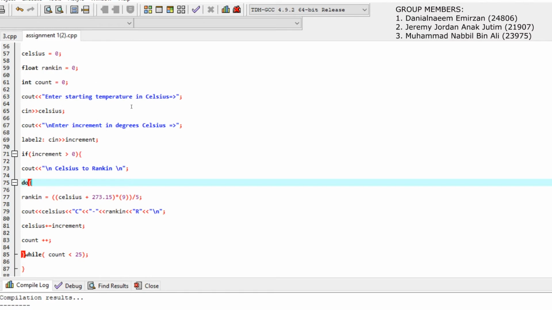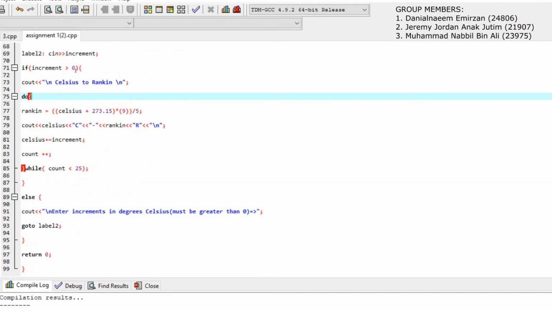So first we need to enter the starting temperature in Celsius, which is we are using the Celsius variable, and enter the increment in degree Celsius.